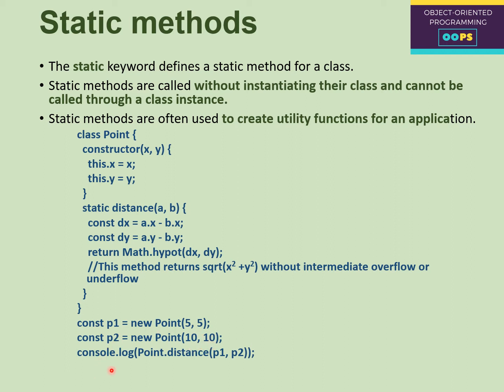Then the next statement is console.log of Point.distance of p1 comma p2. Console.log is a function which writes output on the console part of the corresponding program, and inside that it should print the return value of the Point.distance function.